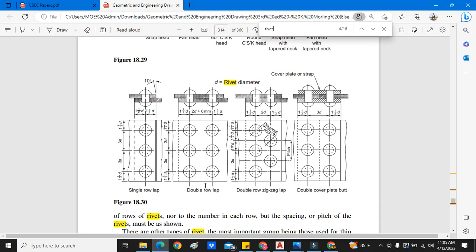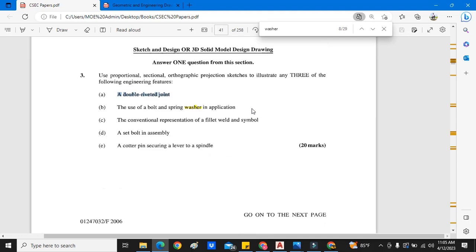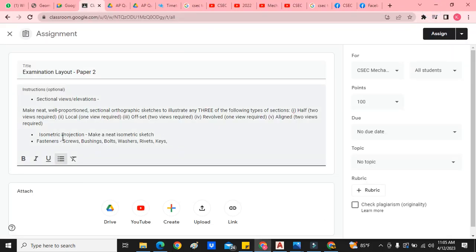So a double riveted joint, which is here, all of these are examples. Please pay attention.